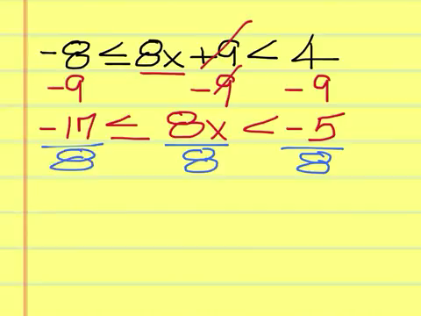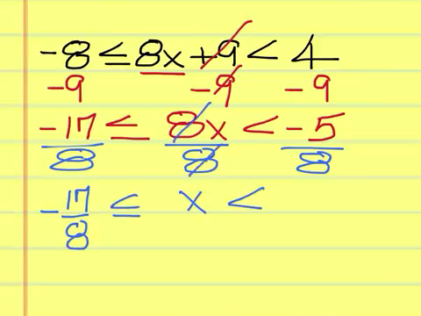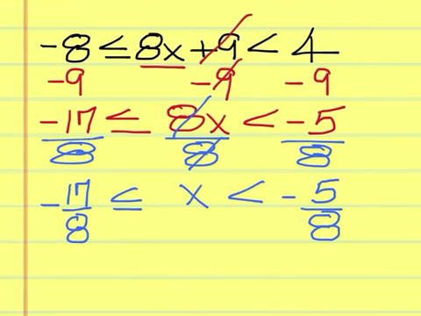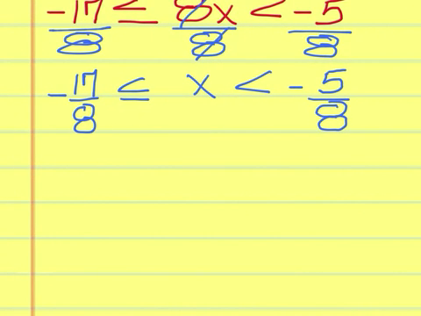When you do that, you're left with a negative 17 over 8 less than or equal to x less than a negative 5/8. Change to a mixed number where necessary. And the negative 17 over 8 is the same as negative 2 and 1/8. And fill in the rest of it.